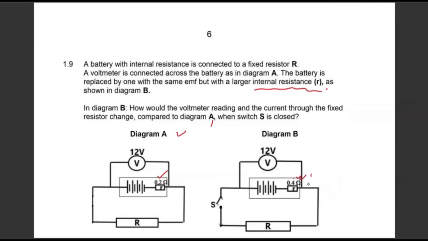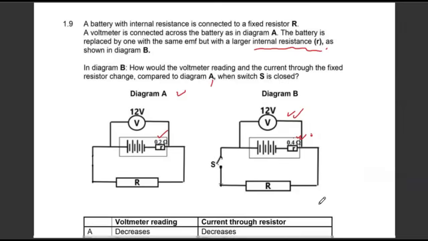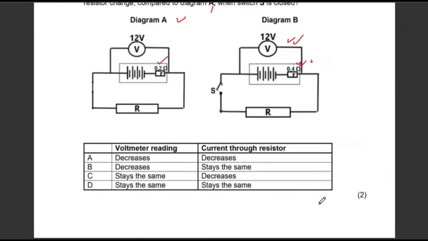How is this going to affect the reading? Now, one thing we need to know is the current: is it going to increase or decrease? If any resistance, whether external or internal, increases, and we see that it is just one resistor, so everything is in series, definitely the current must decrease.